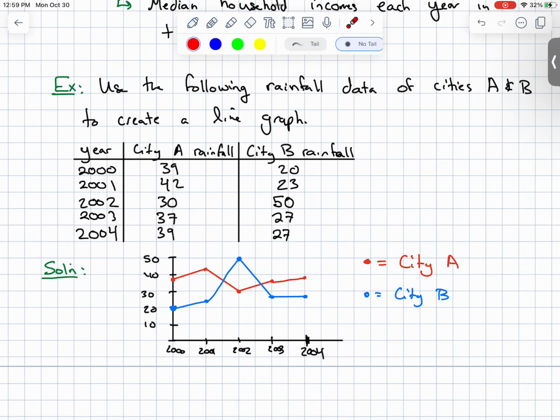So there's plenty of stuff that we can do, but in the interest of time, we will move on to the last type of chart, unless there are any questions on this.